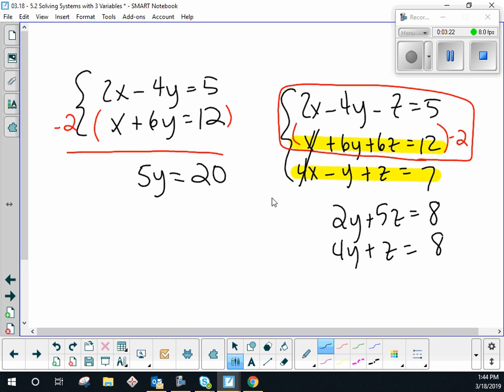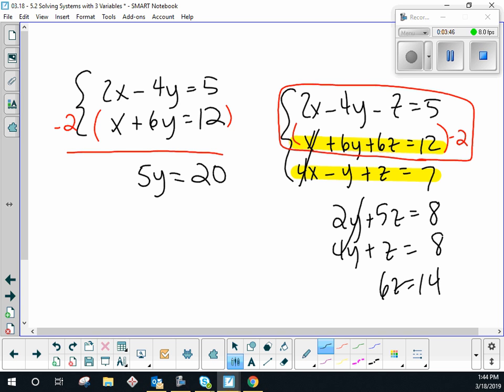What can I do with those two things? I would just do everything again, right? Use substitution or elimination, again, one more time. And then what that would do is drop you down one more variable, and now you could solve, right?